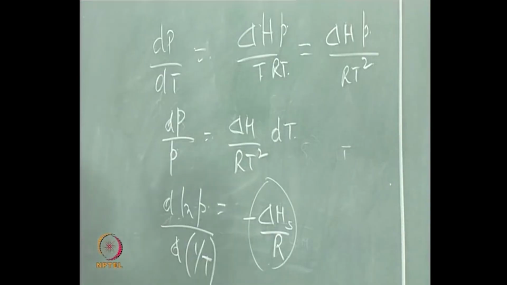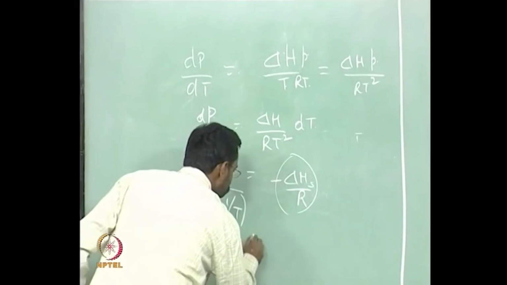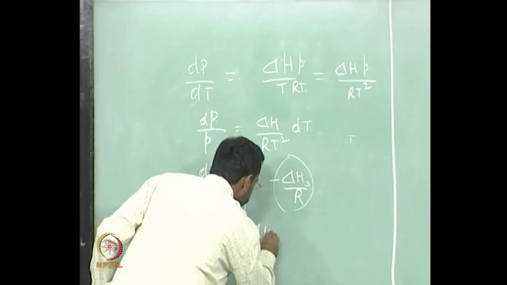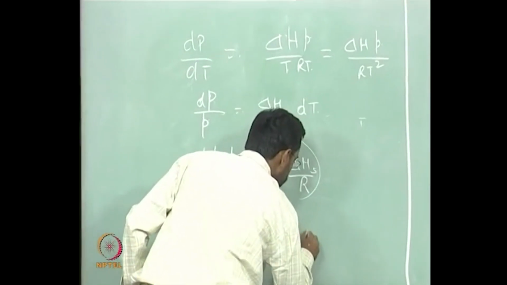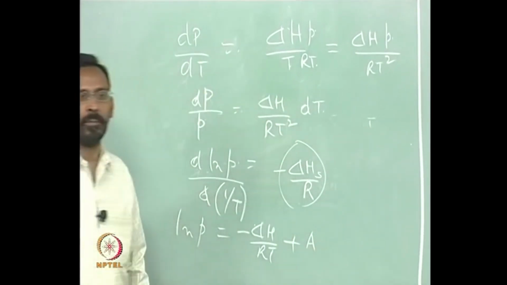Now if you try to integrate this, you can always write that ln P will be equal to minus delta H by RT plus some constant, you call it A.